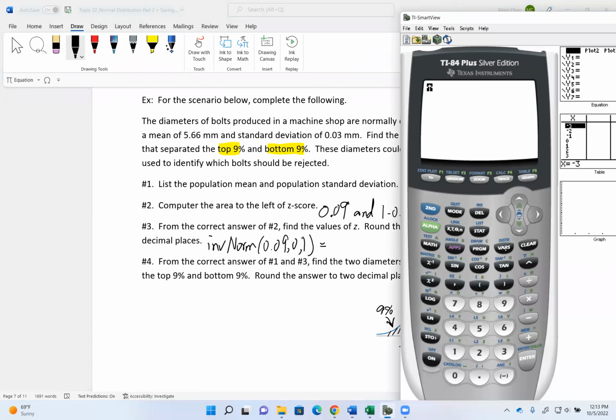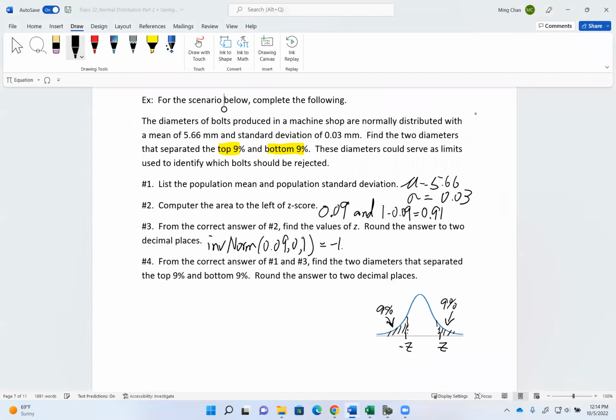Inverse norm 0.09, comma 0, comma 1. That'll give me, to 2 decimal places, negative 1.34. So that's what that is. All right, the other side has to be positive 1.34.